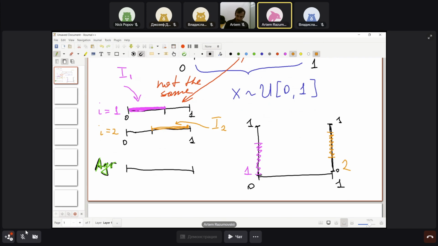And then the agent who is sitting here, for example, you make a decision based on your distance to the agency and a measure of this, which will be mu of I1, and this mu of I2.